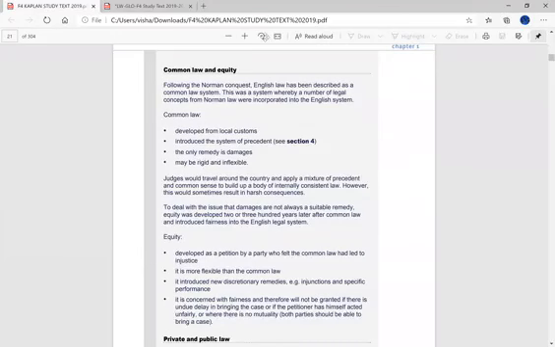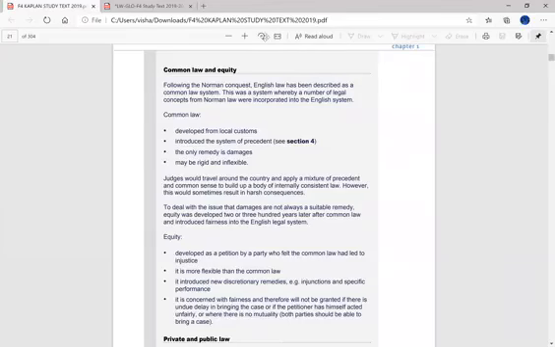Common law includes those laws which are applied generally on everybody.